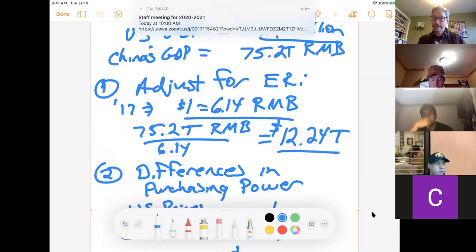And so if you pick an exchange rate on a certain day, you can make GDP look much higher or much lower. For instance, if we were trying to compare GDP in the US versus the Euro area, if you pick a day when the Euro appreciates by 10%, it's going to make Europe look 10% richer. Or if you pick a day in which the Euro declines by 10%, it's going to make the Euro area look 10% poorer.